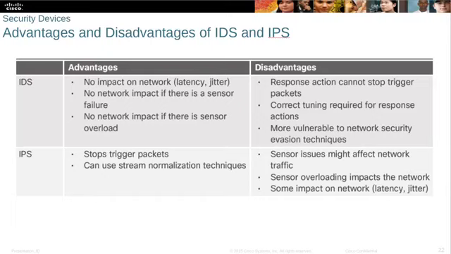You need to make sure that you have correct tuning required for the response actions, and they're more vulnerable to network security evasion techniques. With an IPS, the sensor issues might affect network traffic. Also, sensor overloading can impact on network traffic, and in some networks we can have some impact in the form of latency, in other words delay, or jitter, variable delay.